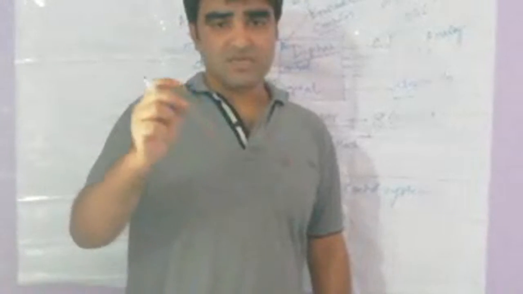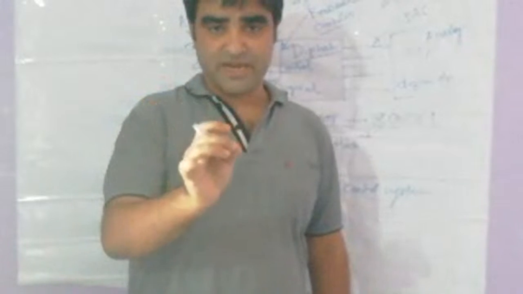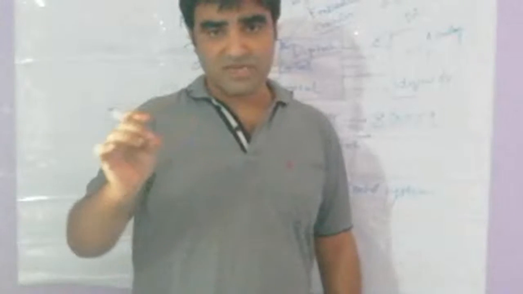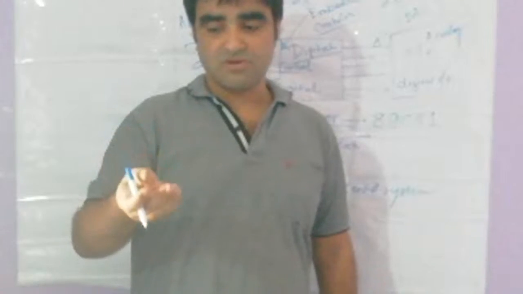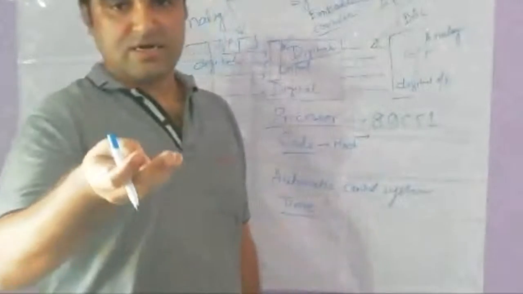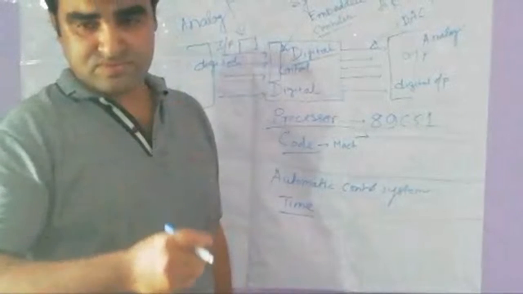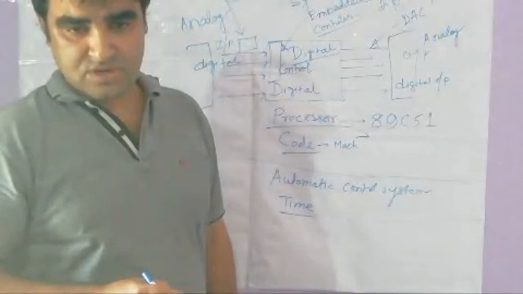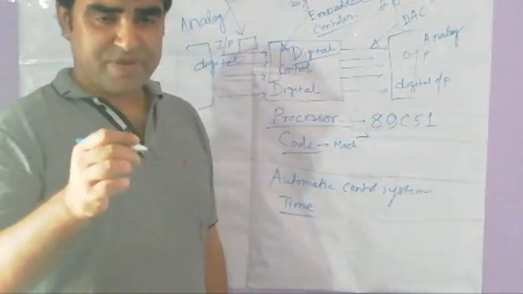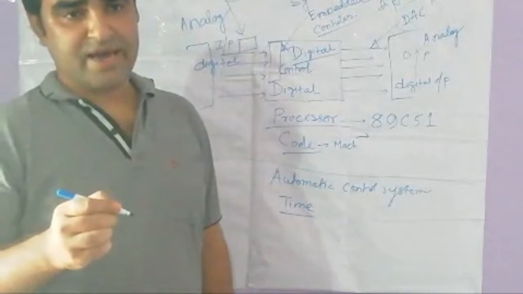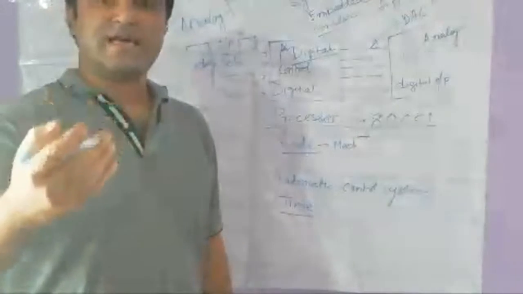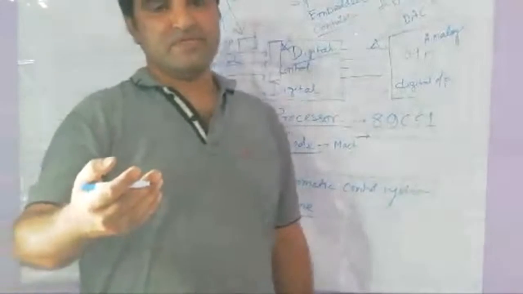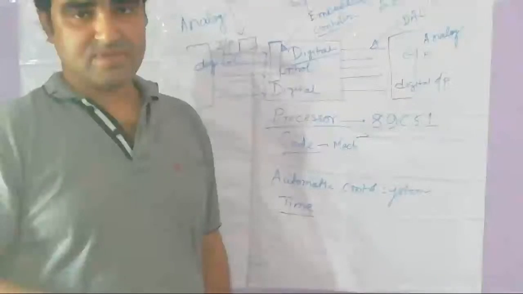So this is called the booting time, and the processing time means suppose you increase the volume. When you press the button and it takes effect, this is called the process time.